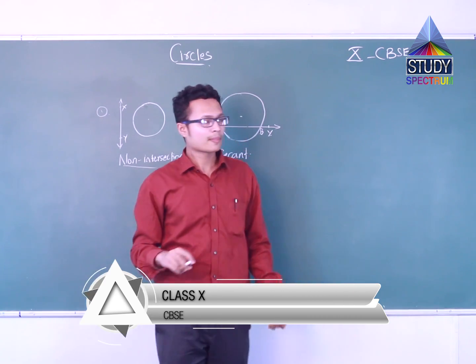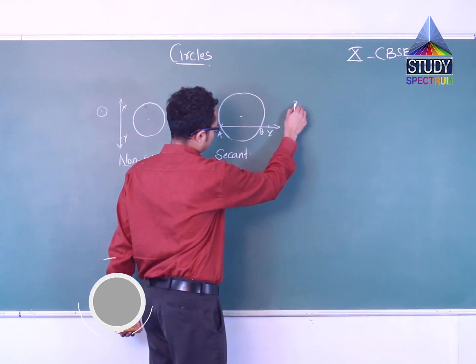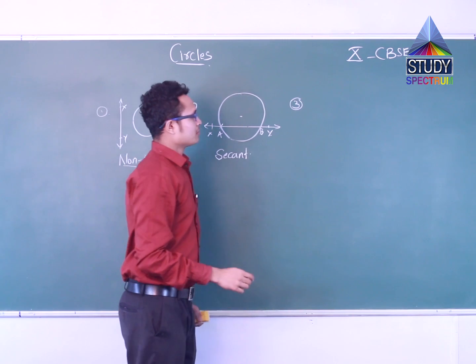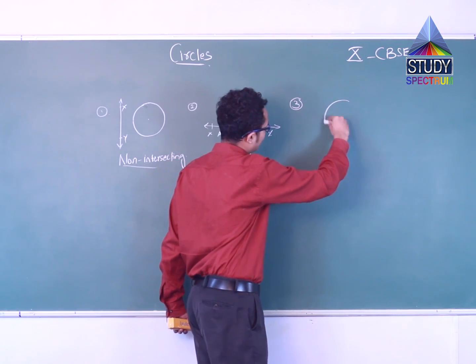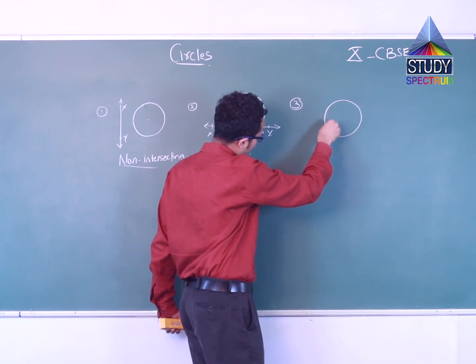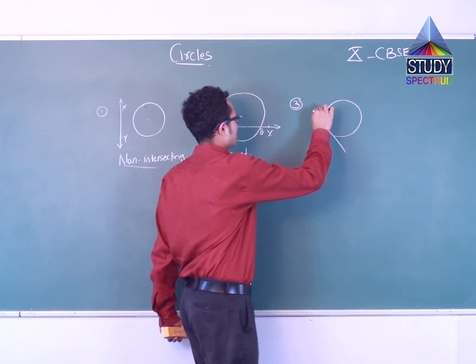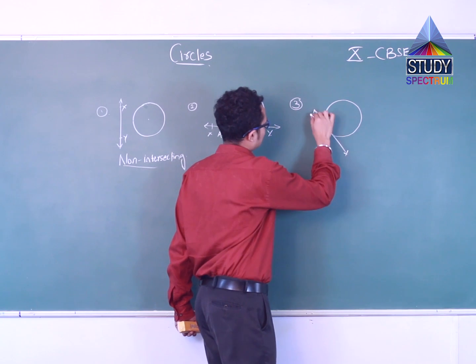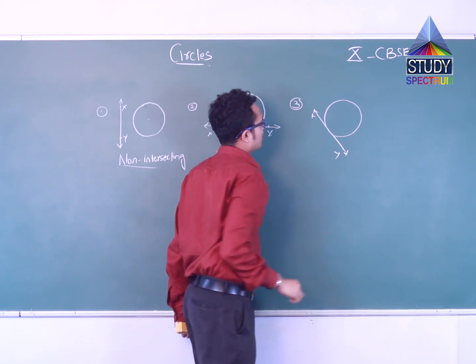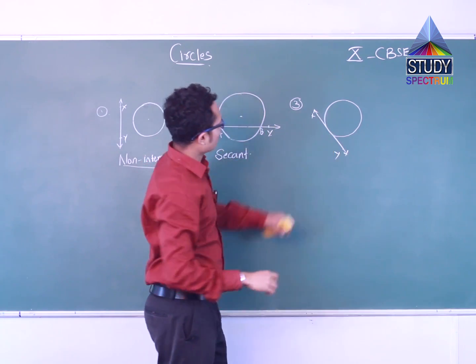Case 3, you have a circle and a line just touching. This is a line, say x, y. It's touching at just one single point.